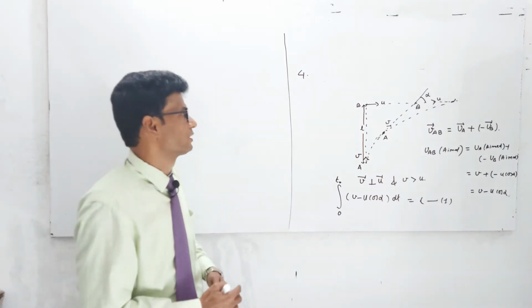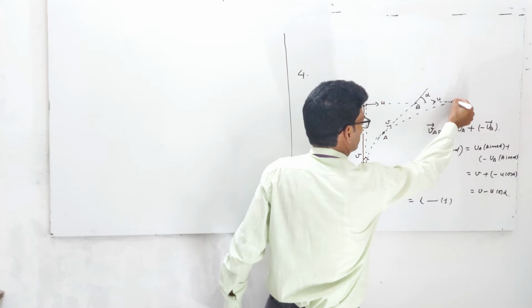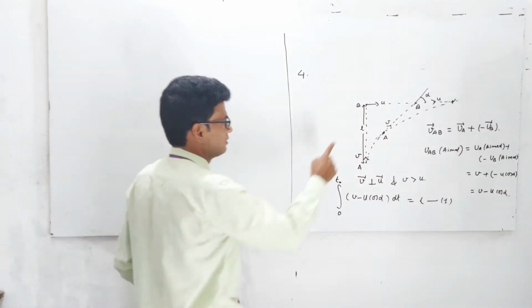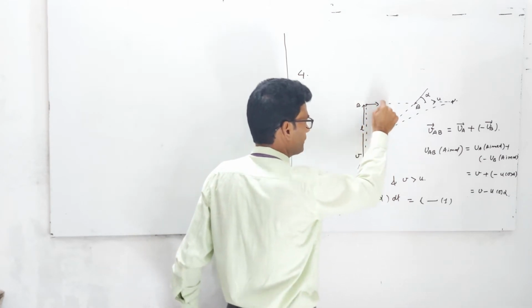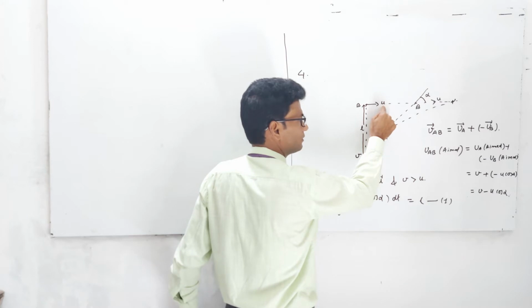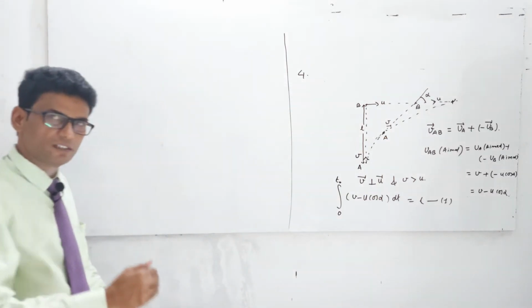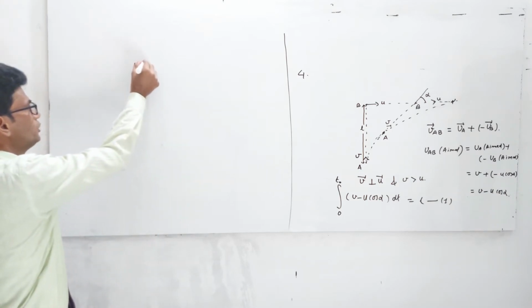Look at here. Say at time t equal to t0, the distance covered by the particle B, so speed is constant, then we may apply distance is equal to speed into time. So this is u into t naught.